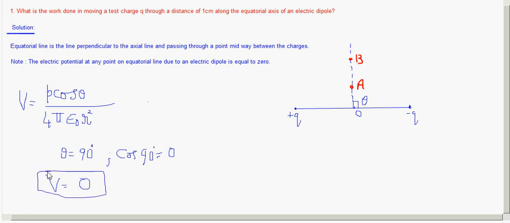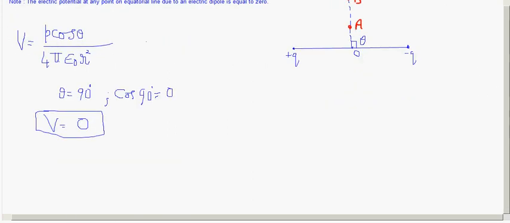Because of this, no work is done in moving a test charge along the equatorial line, or we can write the work done in moving the test charge q from A to B is equal to q into VB minus VA.